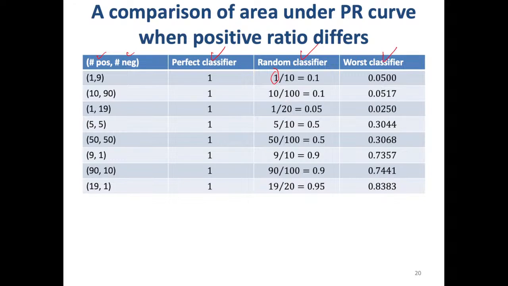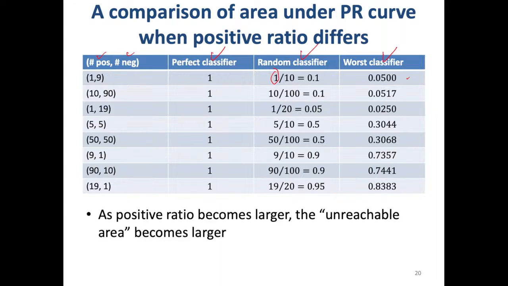For the worst classifier, I cannot list the formula that easily, but essentially, when the number of positive instances becomes larger, the unreachable area becomes larger, which means that even the worst classifier may have a large area under the curve.